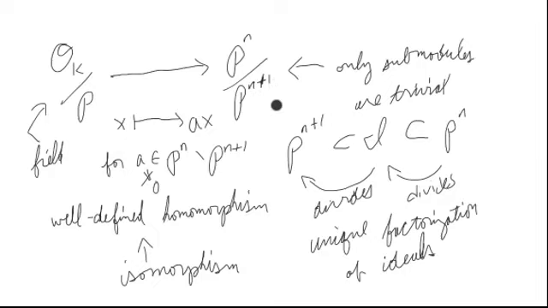Now over here, because OK is a Dedekind domain and has unique factorization of ideals into primes, if you have anything between these guys, it's either going to be down at the bottom or at the top.